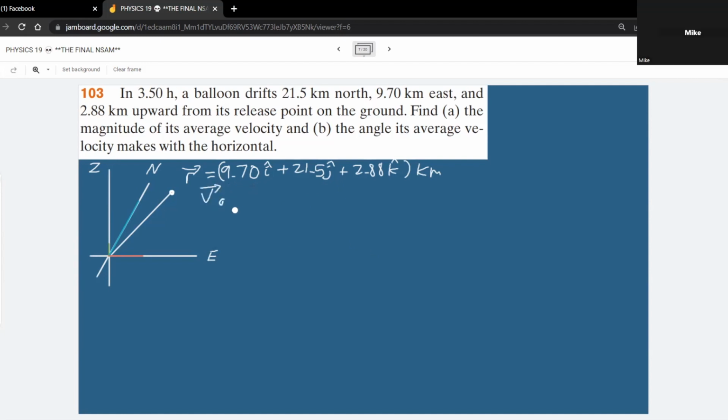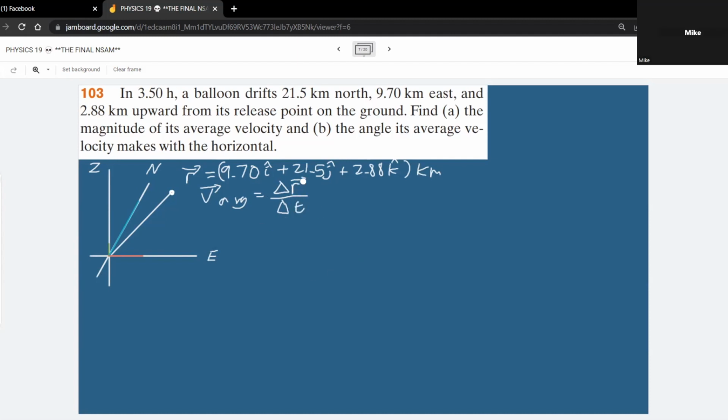So average velocity is... and then wag mo lagyan ng magnitude, vector muna. Ano ba yung average velocity ulit? So, di ba, that's going to be change in position over change in time. Ngayon, yung R, that's actually the change in position.